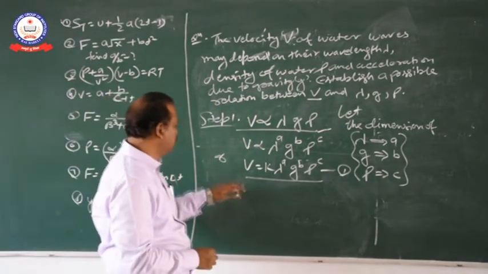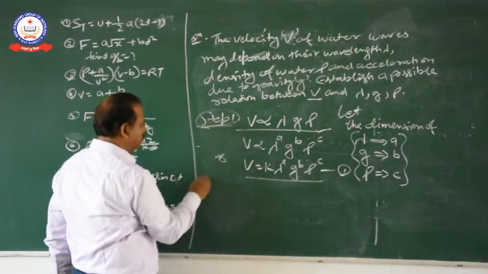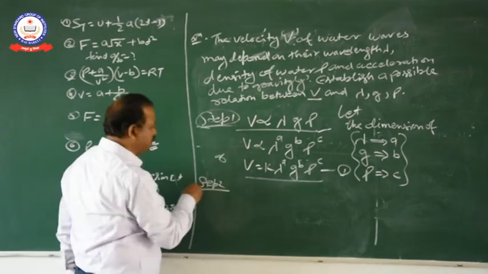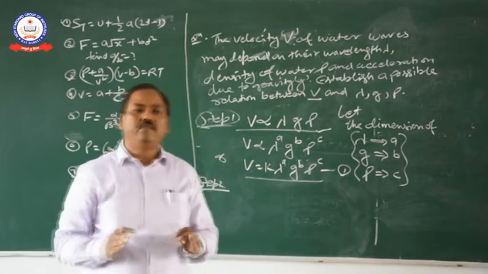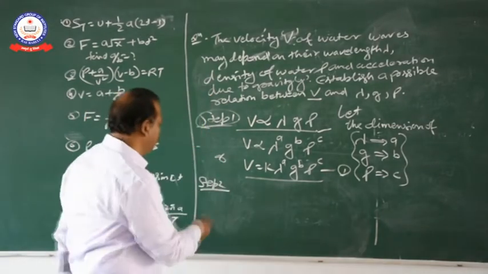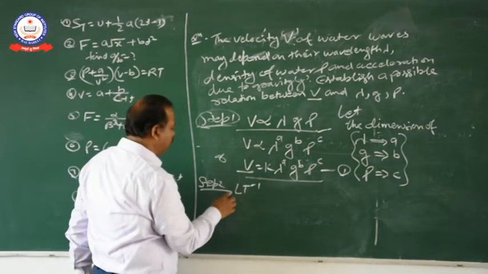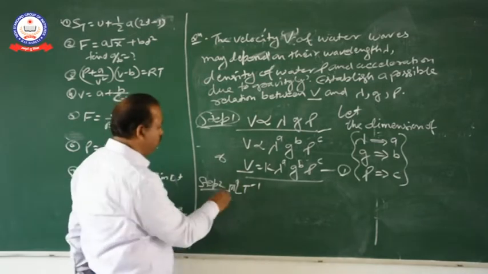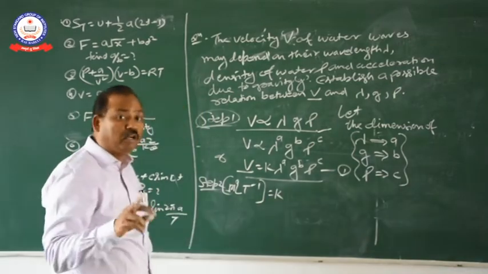Second step, don't write steps, only for clarification. Step 2: you write the dimensional formula on both sides. The dimensional formula of v is L T inverse, M to power 0, is equal to K, where K is the proportionality constant.